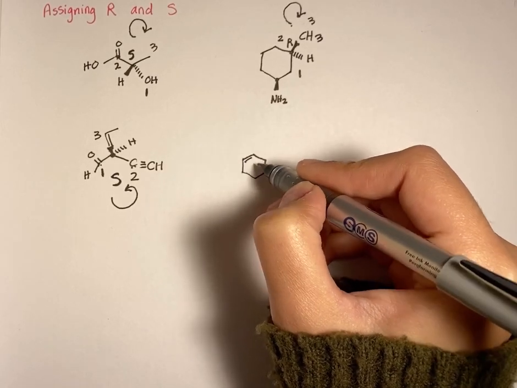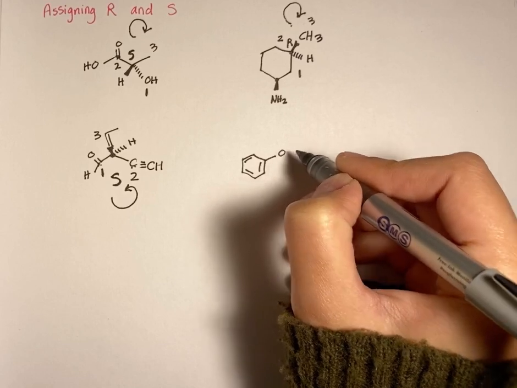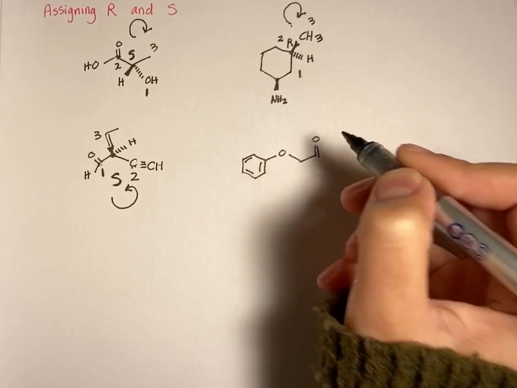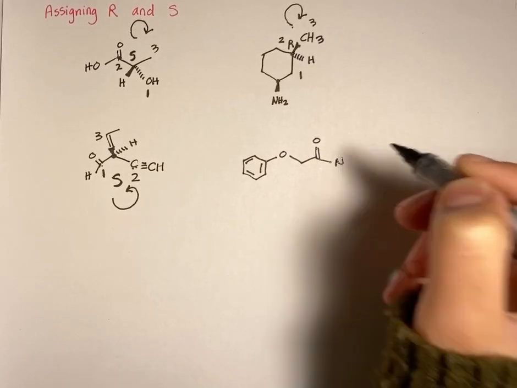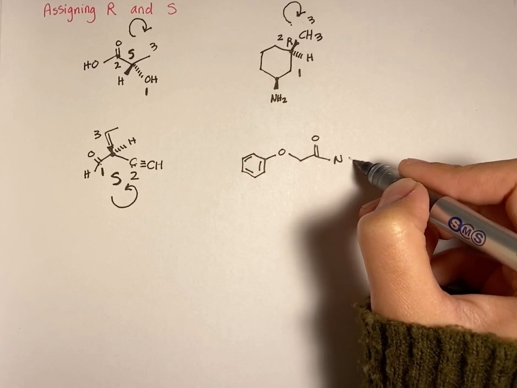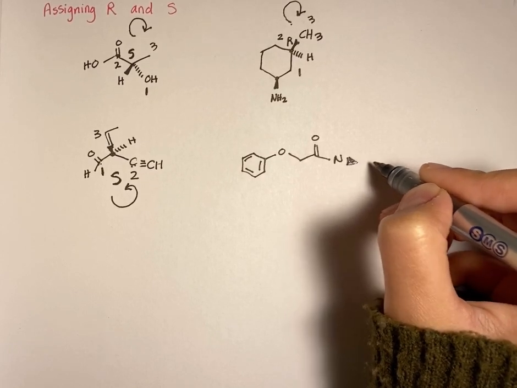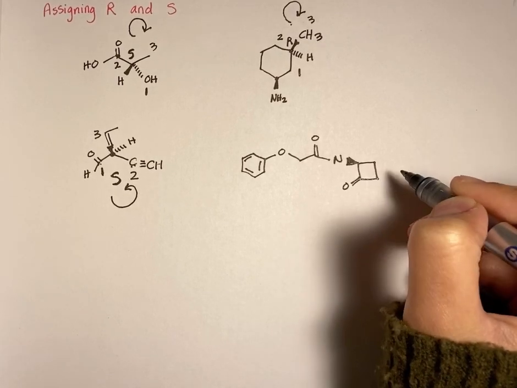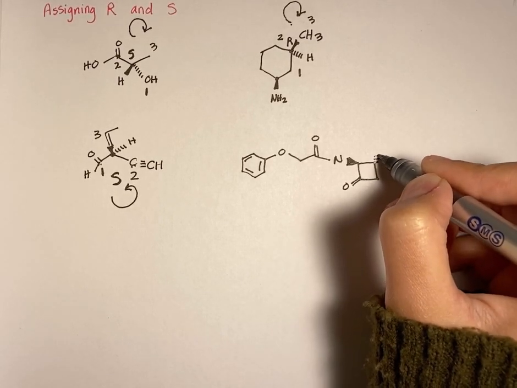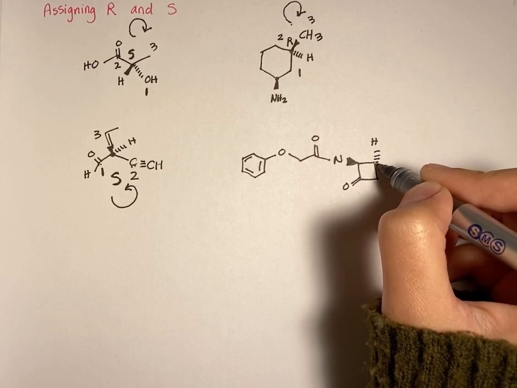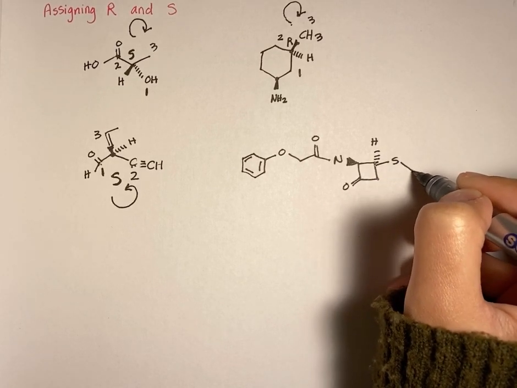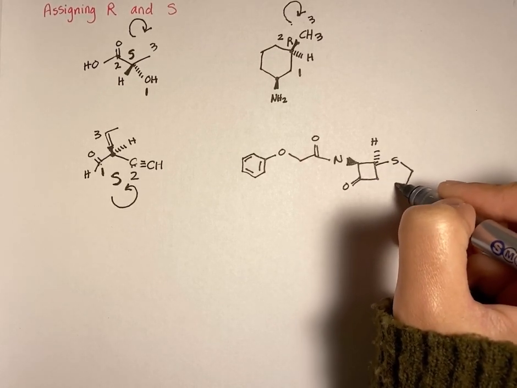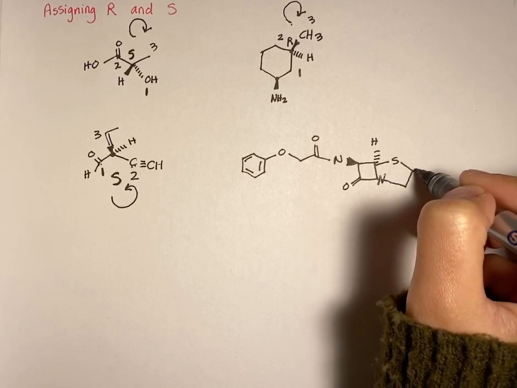Now the last molecule that we have is this molecule that I'm going to be drawing for you. It's penicillin, and it's quite a giant molecule, but I'm just going to draw it for you, and then we're going to assign some R's and S's to the stereogenic centers that we have in penicillin.